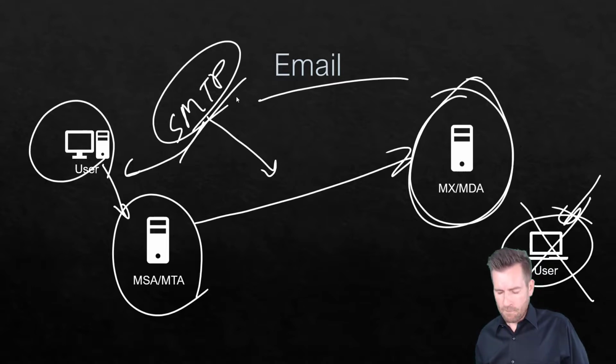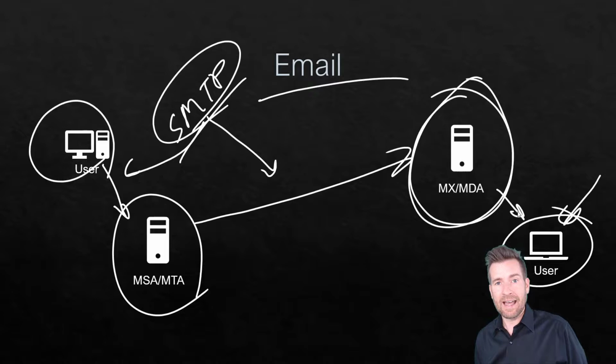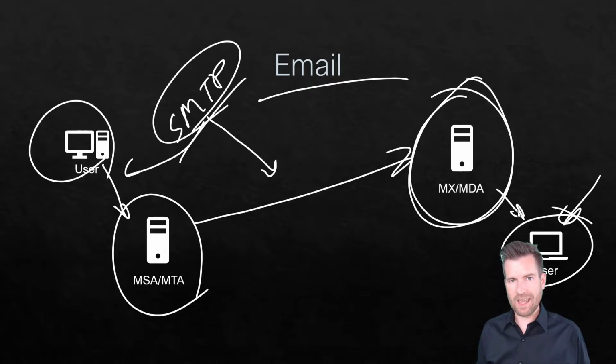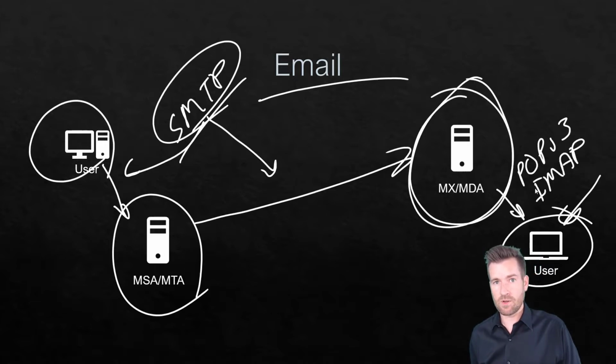And then we need some sort of way that when this user comes back online, they can get that information or download it onto that user's machine or onto that phone. There are a couple different types of connections. POP version 3 is one of those, or perhaps it makes an IMAP connection, and there are advantages and disadvantages to those two protocols.